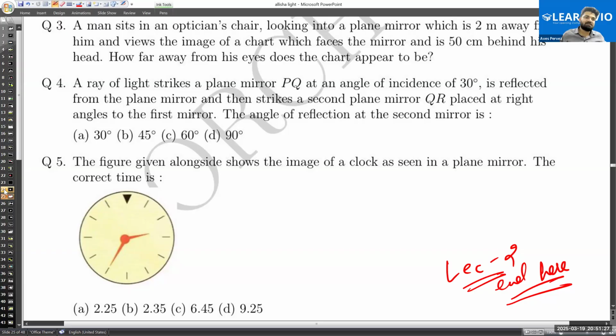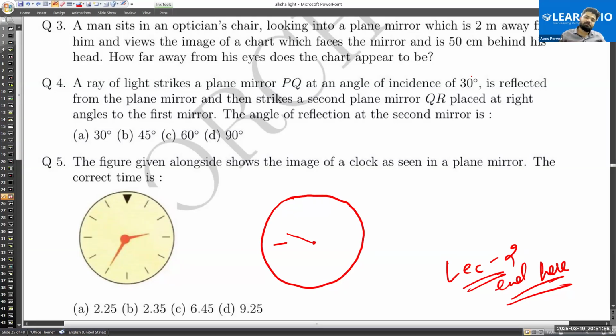So it will be like this. Here it will be the clock, smaller one, and it will be like this. 925 is the correct answer. Got it? Yes, sir.